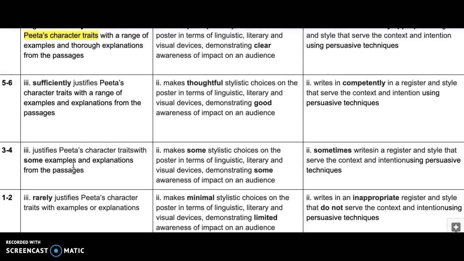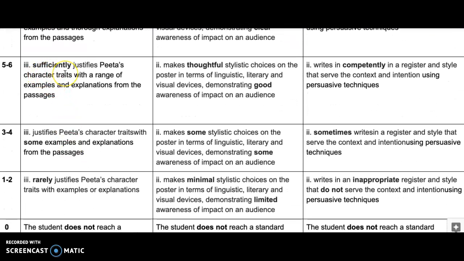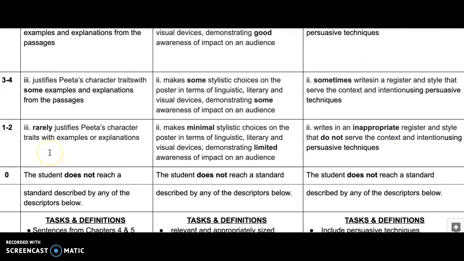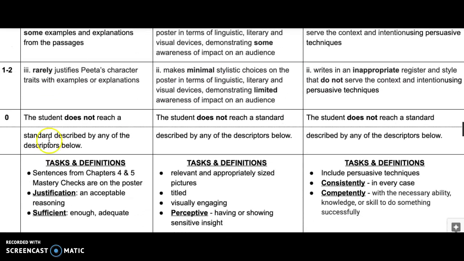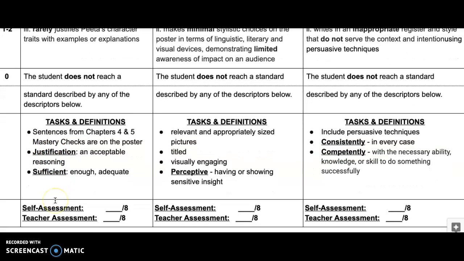As you go down, you'll see it starts with detailed justification, to sufficiently justifies, has some examples and rarely, and then this would be you didn't even do it. If you look down here, it talks about these are the sentences from 4 and 5 Mastery Checks, and gives you some definitions for some of the terms.